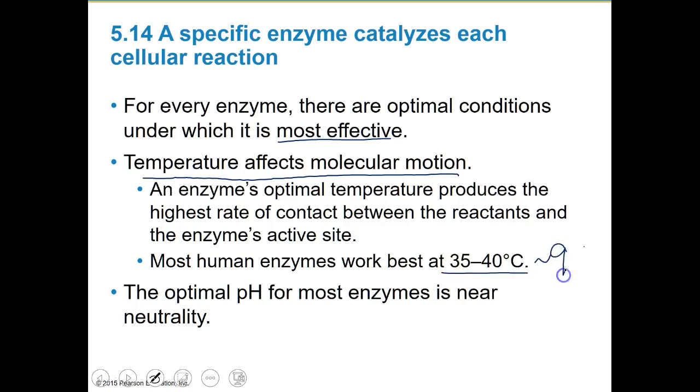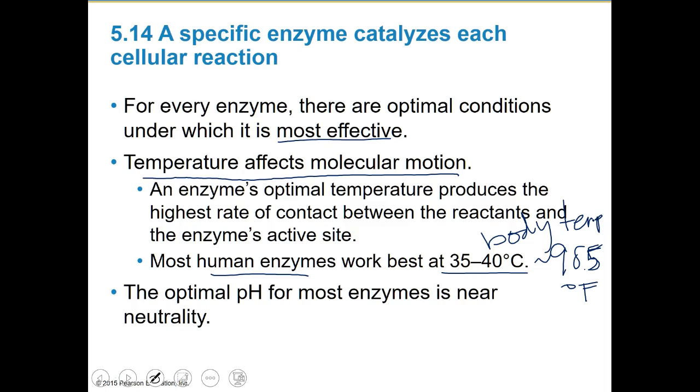Think about it, that's around 98.5 degrees Fahrenheit. Why would an enzyme in the body work best at 98.5 degrees? Well, that's because that's what your body is doing. So human enzymes work best at body temp. That should make sense, right?